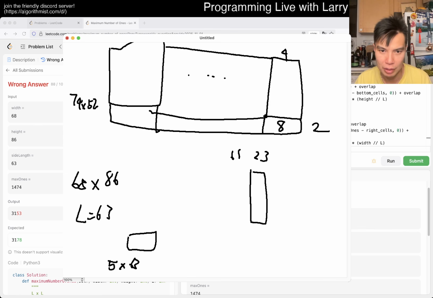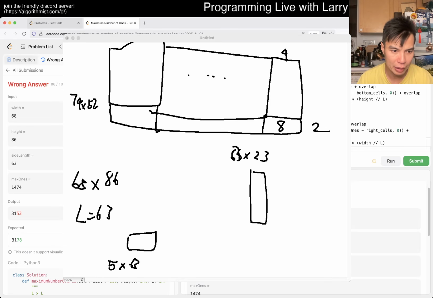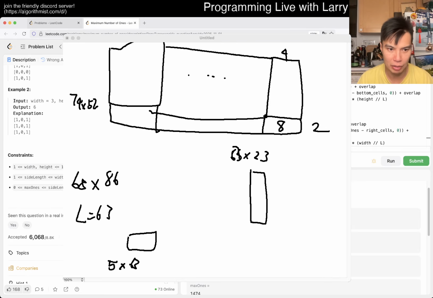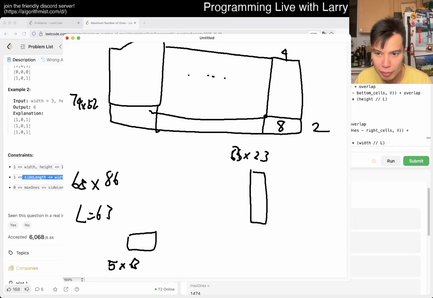Oops. That's why it is definitely a no, but that's why it's a no. 63 by 23, right? Is that right so far? Just want to double check. I think so, because L cannot be. Yeah, okay, just want to make sure that's the reasoning. So when what is our max one?